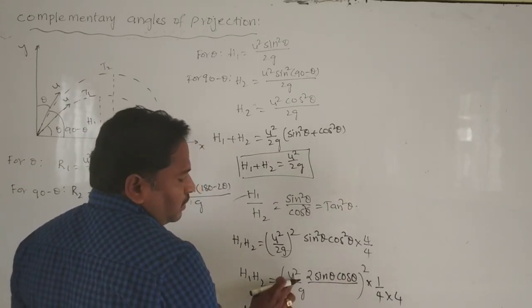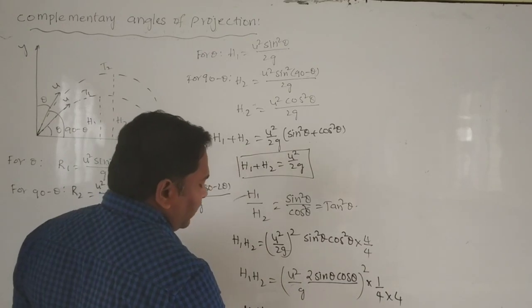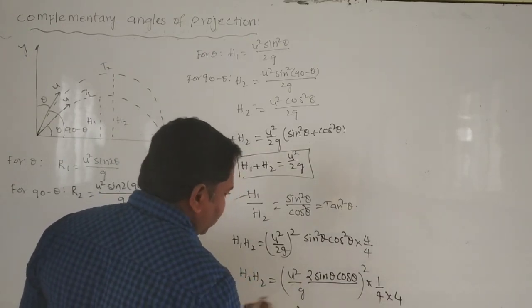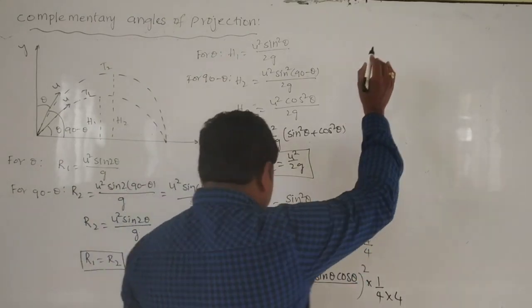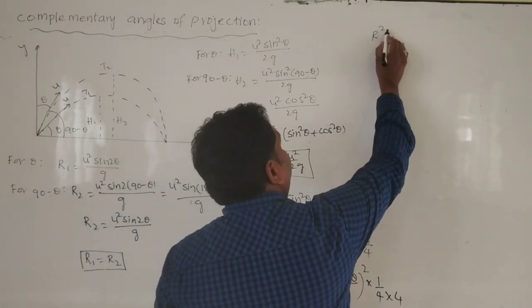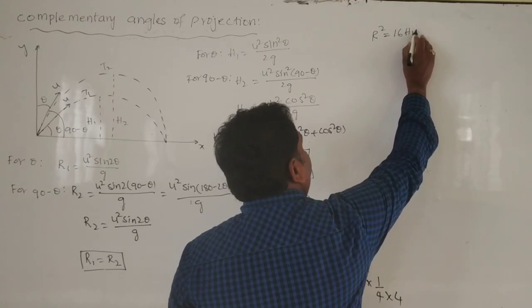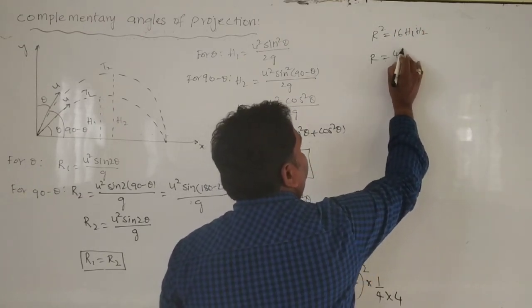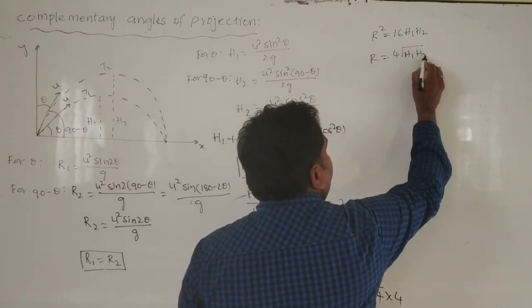So u square sin 2 theta by g is the range, and R square by 4 into 4 is 16. So range R square equals 16 into h1 h2. Now range R equals 4 into root over h1 h2.